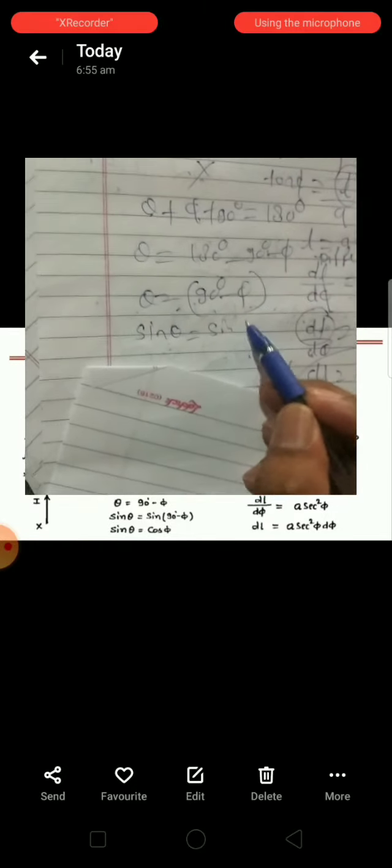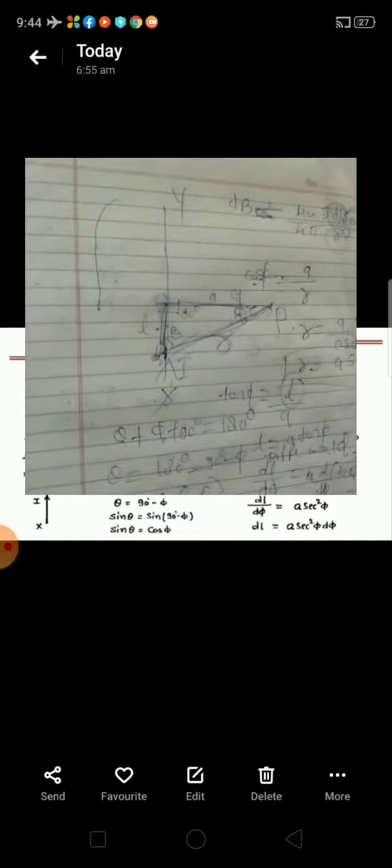So theta plus phi plus 90 is 180 degree, so theta is equal to 180 degree minus 90 degree minus phi, that is 90 degree minus phi. So sin theta is equal to sin of 90 degree minus phi, that is cos phi. So I found the sin theta value, dl value and r value.